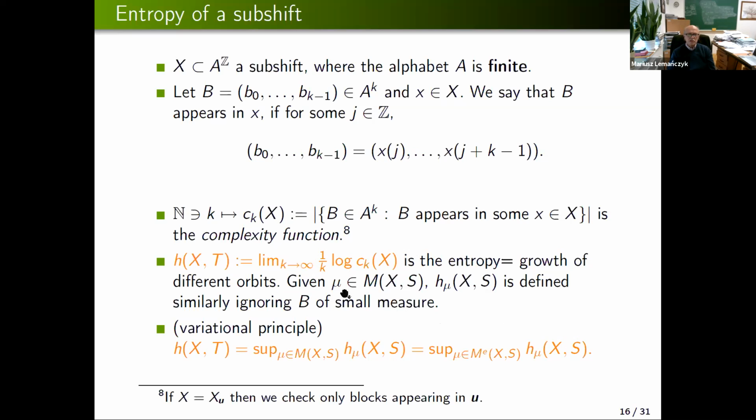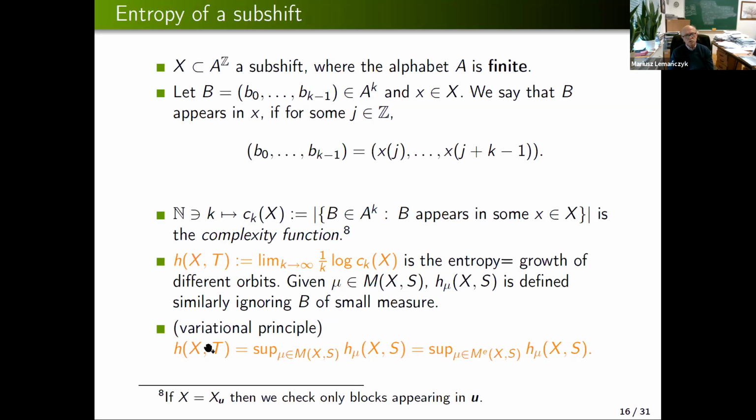If you take a measure, there is no great change in the definition. It will be almost the same, except that I have a measure. So I'm interested in capturing not all blocks, but only those blocks which capture 1 minus epsilon of my space. Then you can figure out what the definition is. These are the Kolmogorov-Sinai entropies of measures. The relationship between topological entropy and measure-theoretic entropy is given by the famous variational principle, which tells us that the topological entropy dominates.